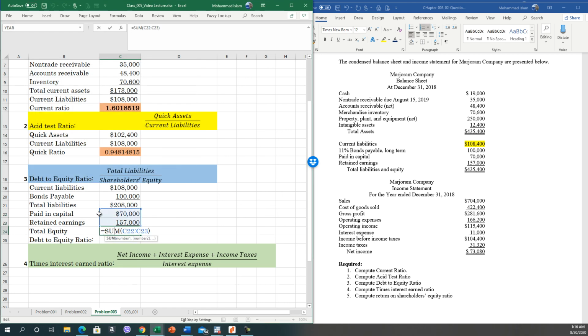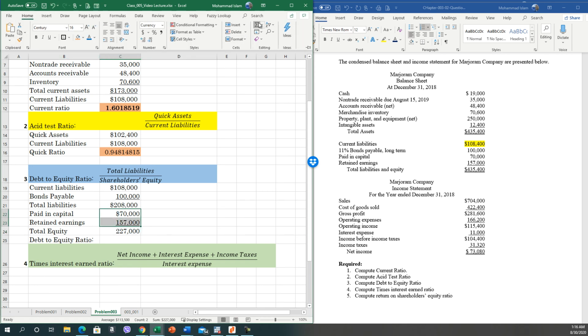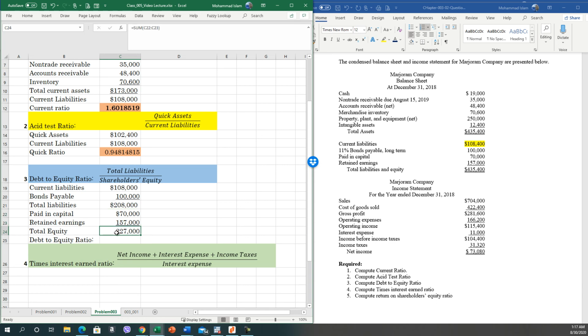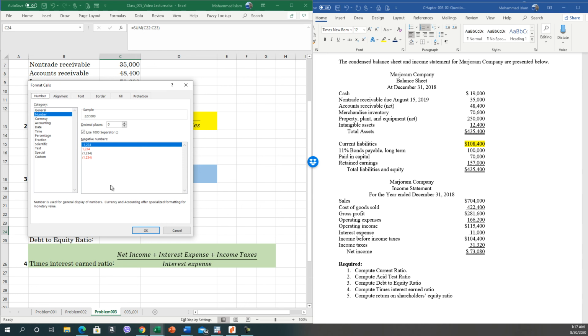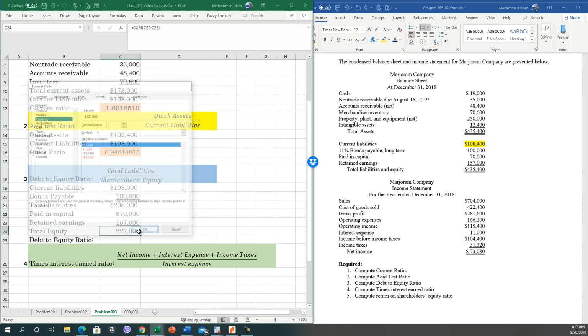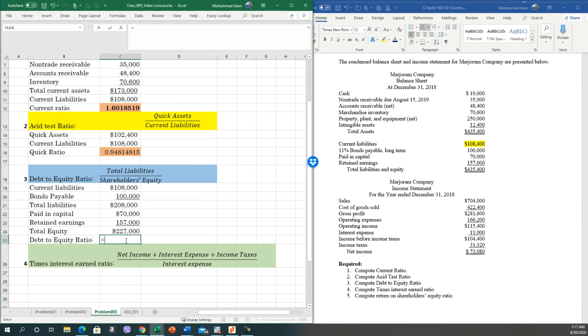Let's use the auto sum again, but let's use the currency. Okay, so this one means total liabilities divided by total equity.